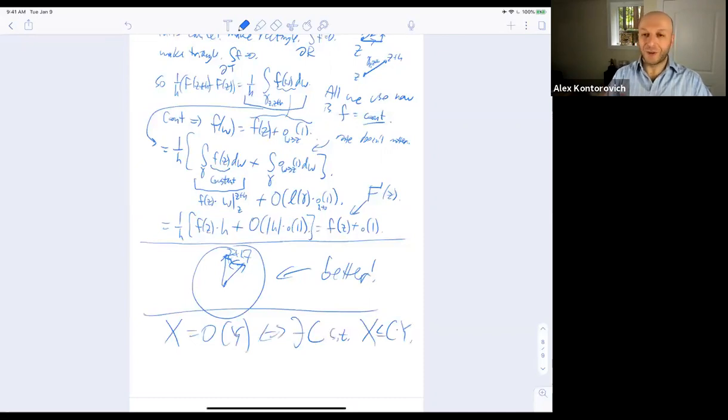In other words, big O is bounded by a constant, and x is little o of y if x over y goes to 0. So what I'm saying here is this integral is bounded by a constant. In fact, the constant is 1, times the length times the sup norm of the integrand. I'm using that theorem again.